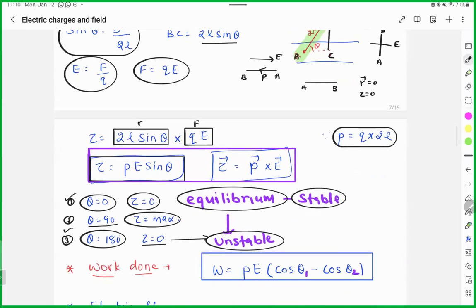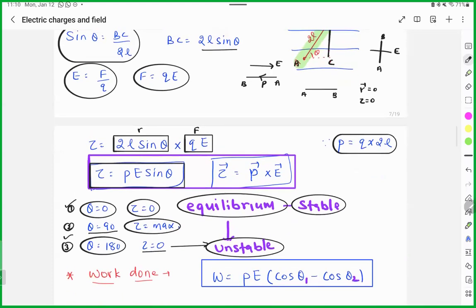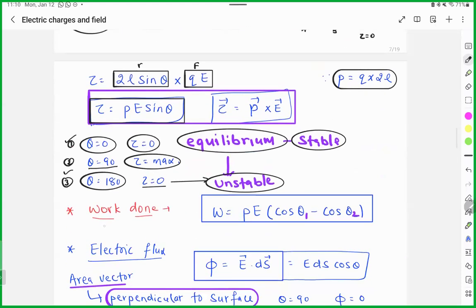About work done: you know work done is a scalar quantity, and in a scalar quantity you have a dot product, and in the case of a dot product you have cos theta instead of sin theta, right?